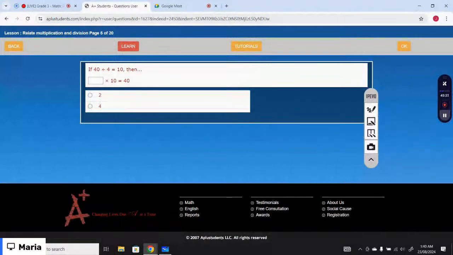Okay, the next one is if 40 divided by 4 is 10, then what number times 10 is 40?